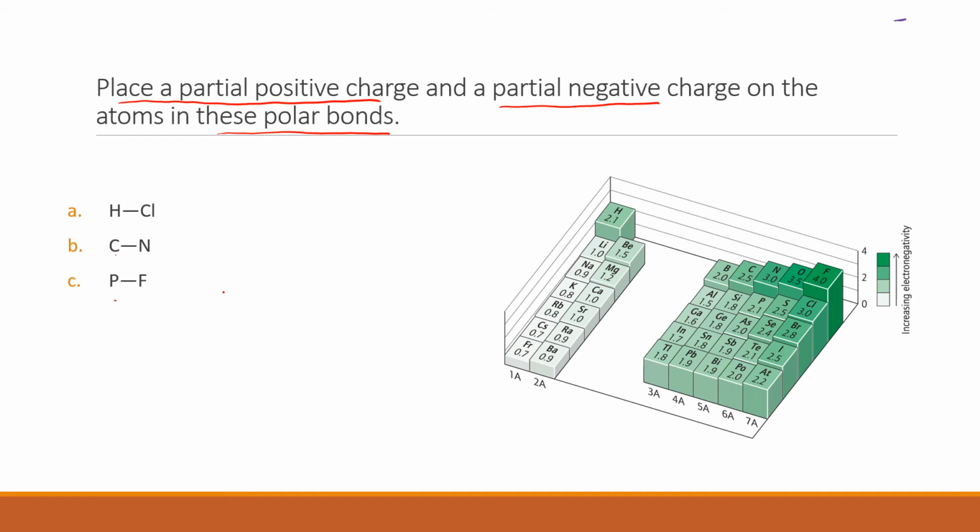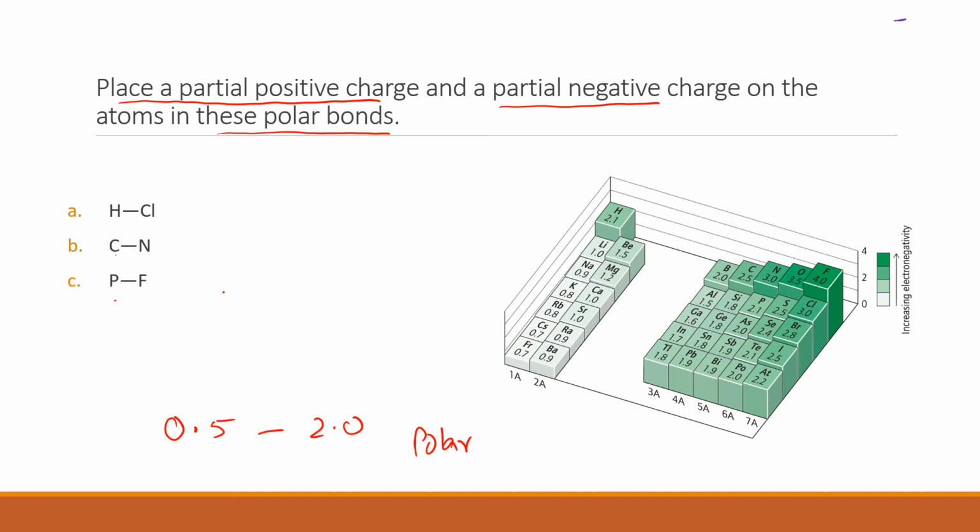If the difference of electronegativity is anywhere from 0.5 to 2.0, the bond will be polar. So if the bond is polar, then one side of the bond will have a partial positive charge, the other one will have a negative charge, and we need to place those charges. And remember, partial negative charge is always on the atom with the higher electronegativity value.